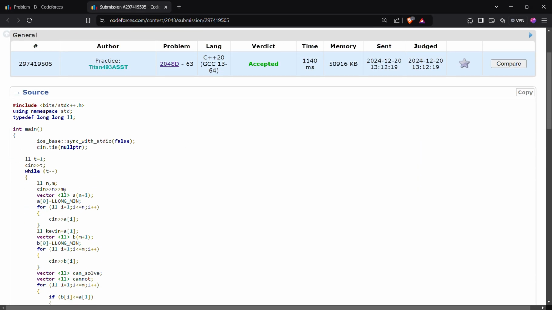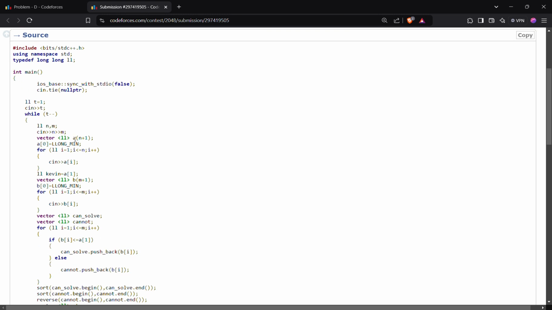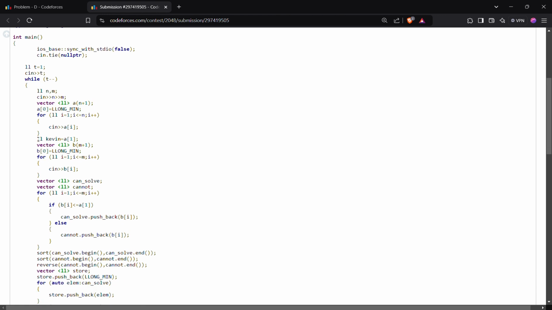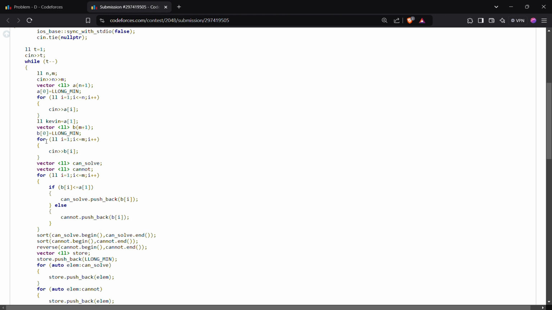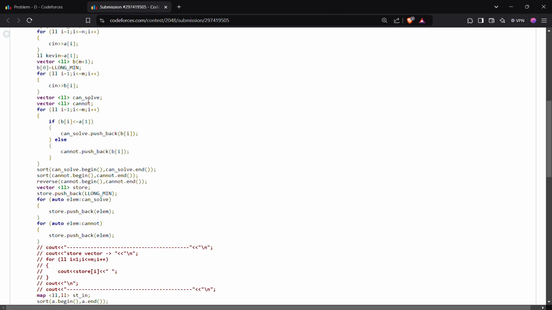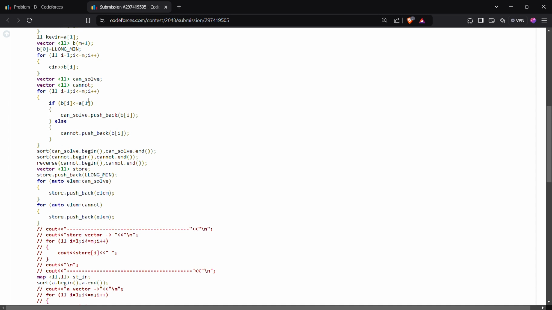So yes, taking the input, I'm using one-based indexing here. Kevin's rating is a of 1, and taking the input for b i, sorting the problems based on which Kevin can solve and Kevin cannot. Reversing the problems which he cannot solve, and storing the problems in this store vector.